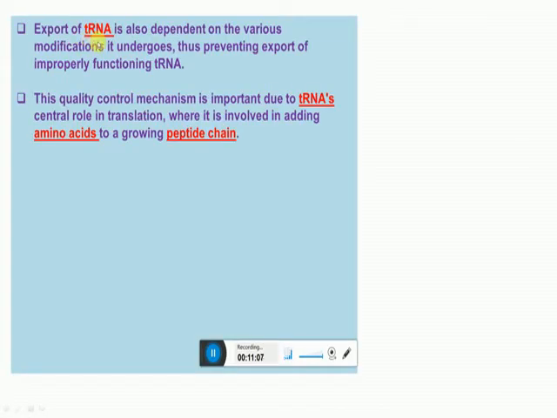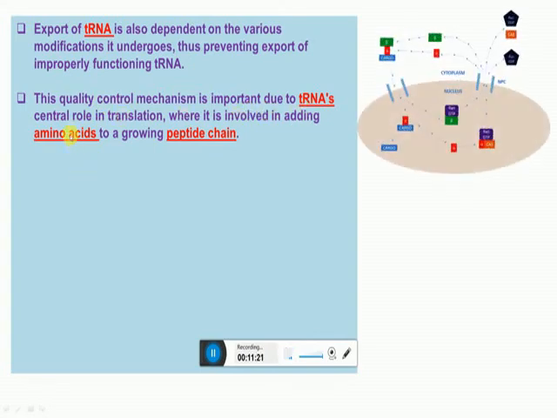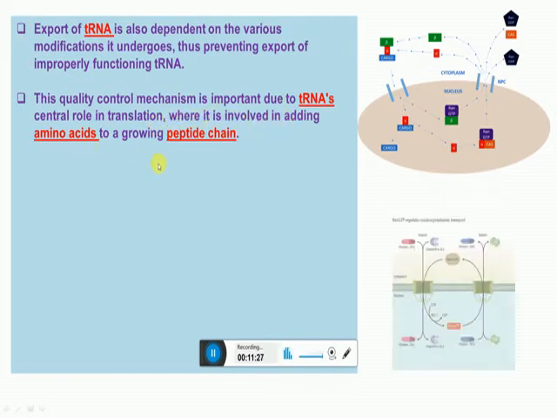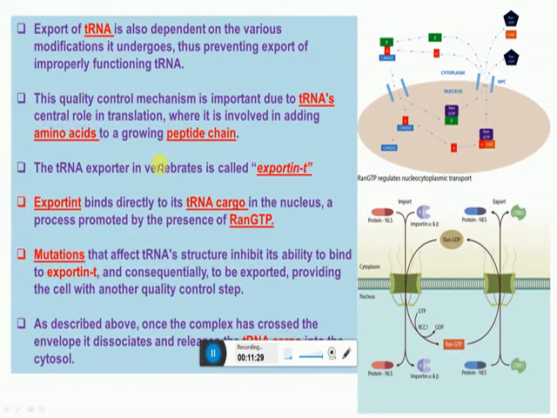Export of tRNA is also dependent on the various modifications it undergoes, thus preventing export of improperly functioning tRNA. This quality control mechanism is important due to the tRNA's central role in translation, where it is involved in adding amino acids to the growing peptide chain.